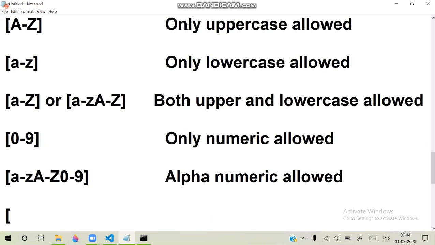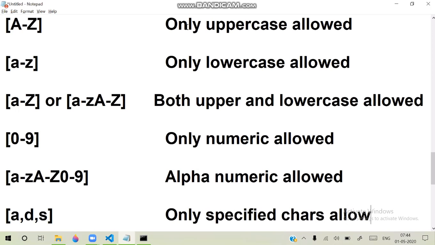Suppose I define characters like A, comma, D, comma, S in square braces. This indicates only specified characters allowed.